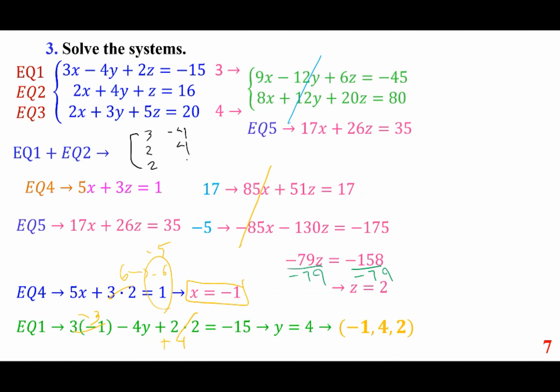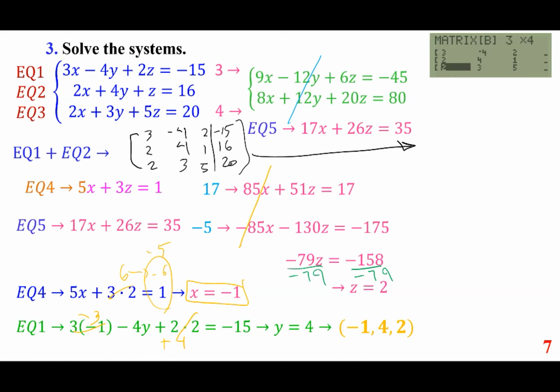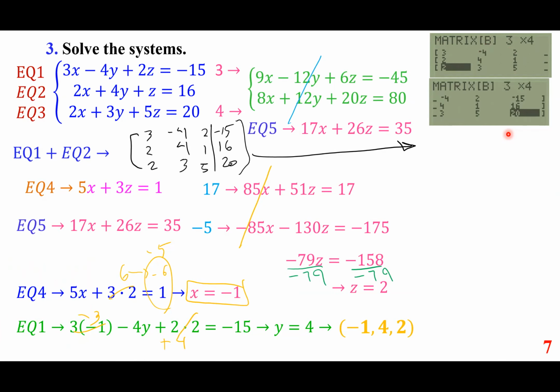Minus 4, 4, 3, 2, 1, 5, minus 15, 16, 20. Let's move into technology. You put that in. So that's the first column, the second column, the third column. It can't show the fourth column. The fourth column is here.